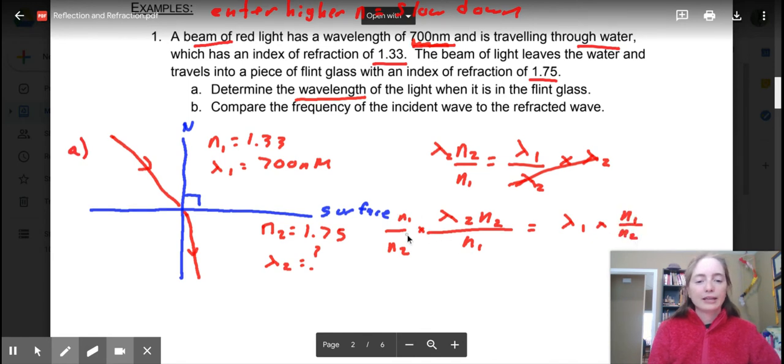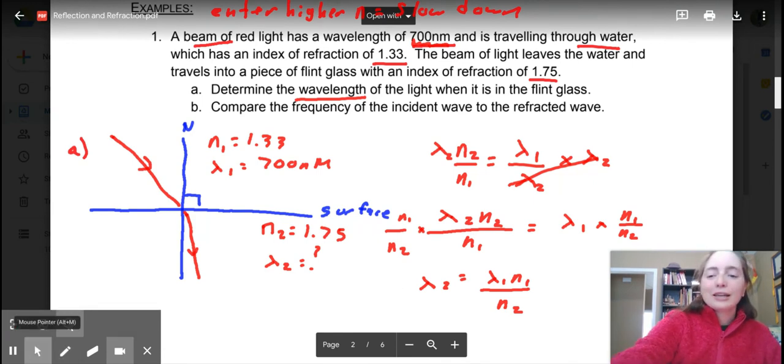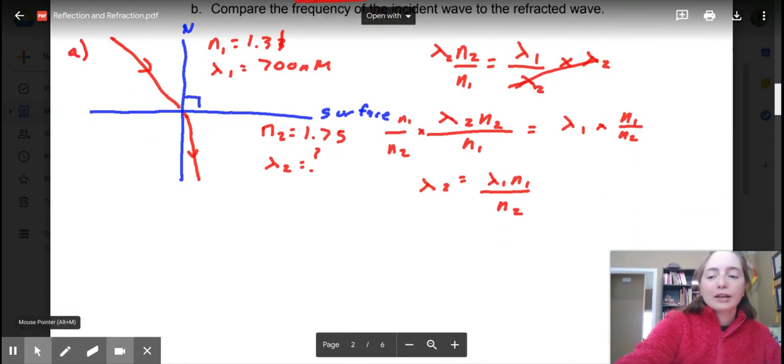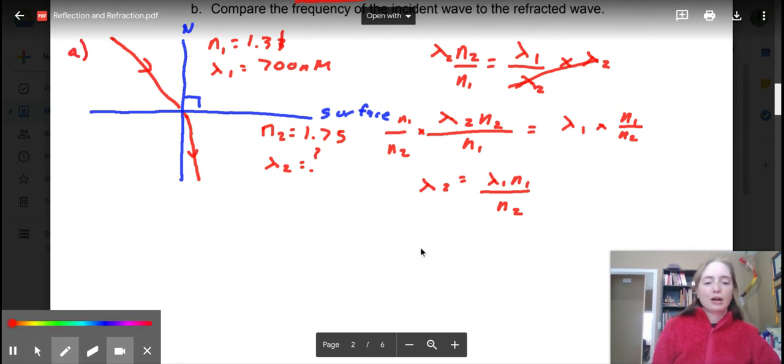And those guys will cancel. And I'm going to be left with my lambda 2 is going to be lambda 1 N1 over N2. Okay. So once I've rearranged that equation, I can now go and put my numbers in.